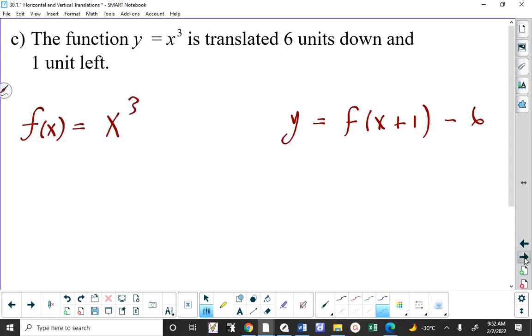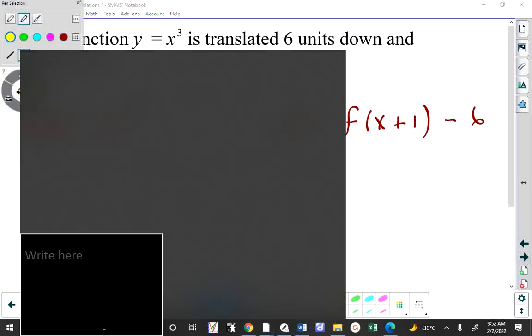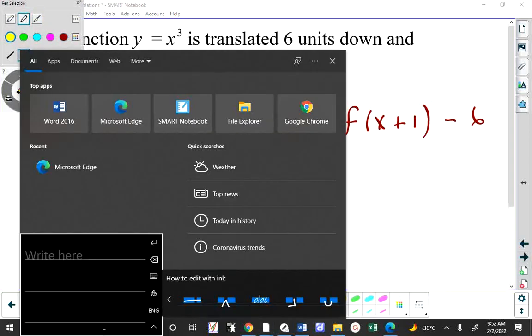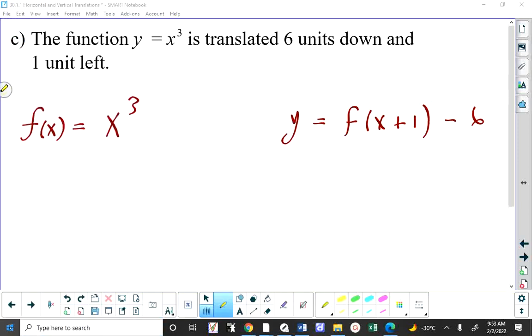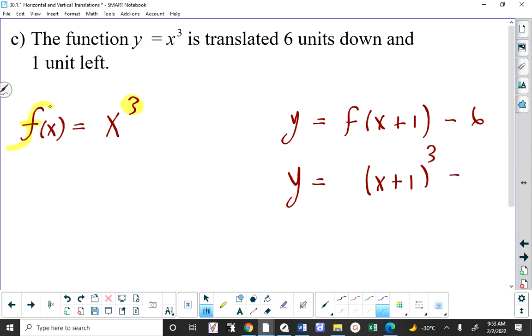So f is cubing. That's what f means. It's the operation on x, which means that this becomes y equals x plus 1 operated on, which is cubed, and then minus 6.